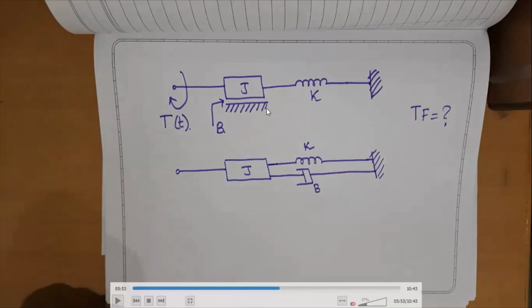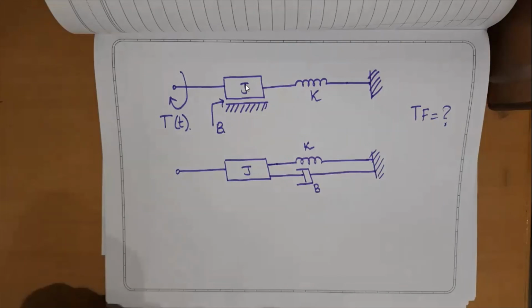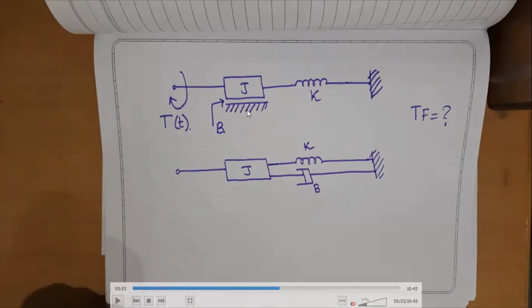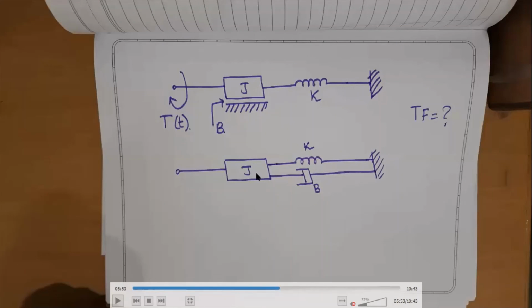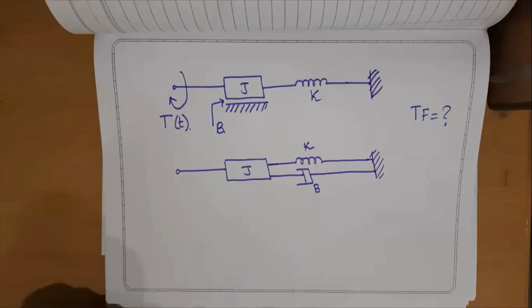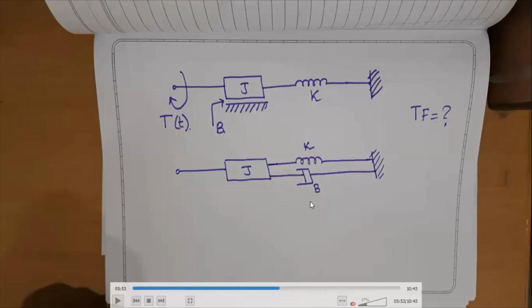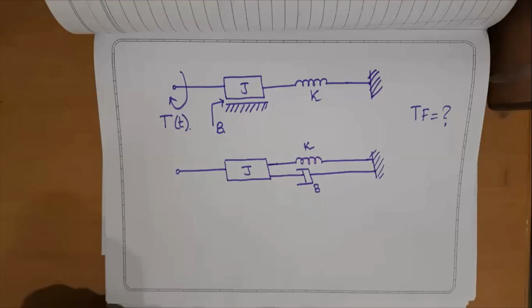Is it clear for everyone? So the friction between this moment of inertia block and the ground, I am representing as a frictional element connected to this fixed end and one free end to J. So this is another way of representing. So can we represent our output variables in this diagram? Yes, of course we can, but let me make things more simpler.